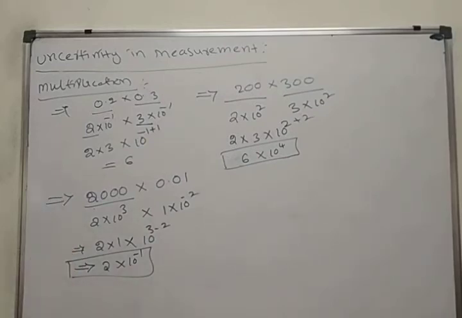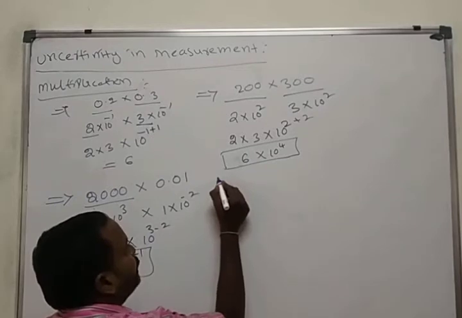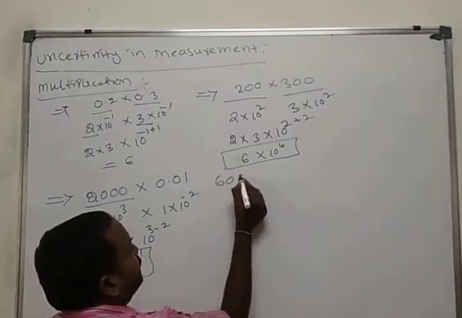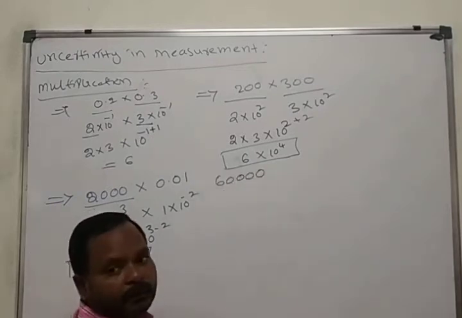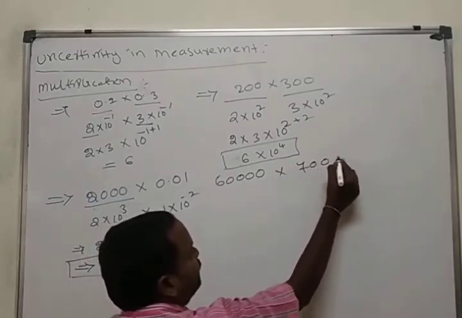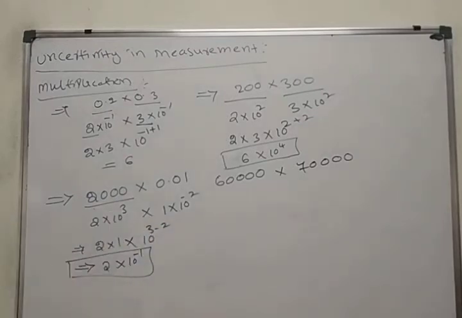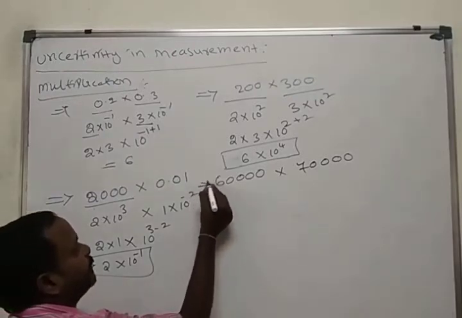Same, you take any biggest number. Suppose for example, you take 60,000 into 70,000. It is a big problem, but by using scientific notation, we will multiply easily.